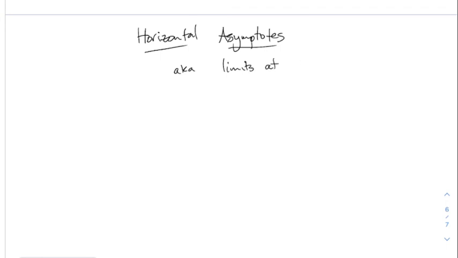I want to talk about horizontal asymptotes. I hope everybody knows what that means. On a graph, this is also known as limits at infinity.